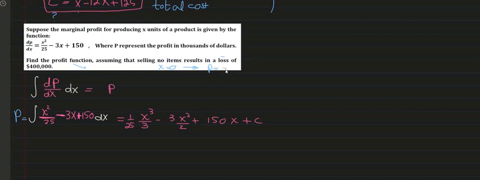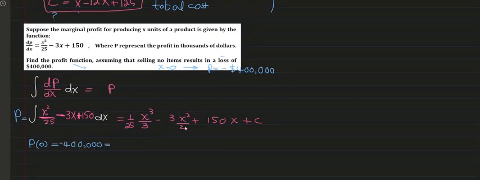So loss is always negative, negative of this $400,000. So now we know that the profit of 0 items is equal to the 400,000 with the negative sign.